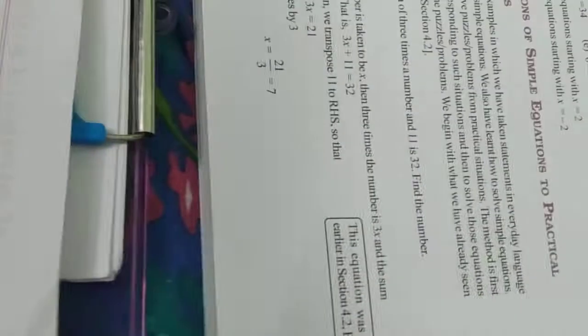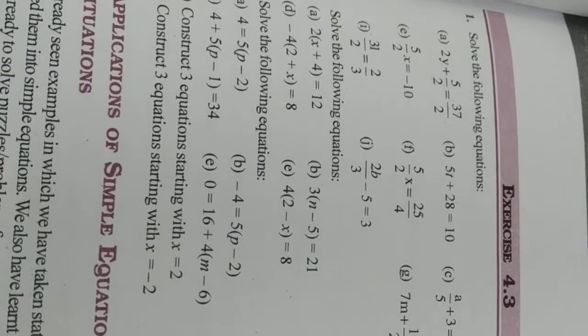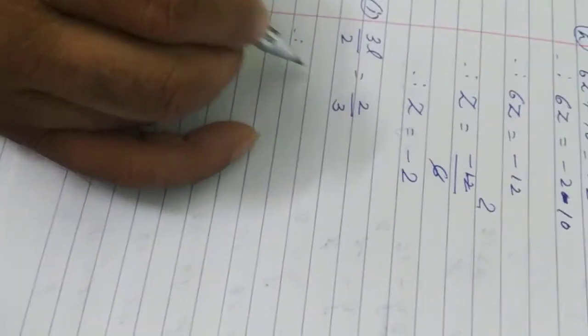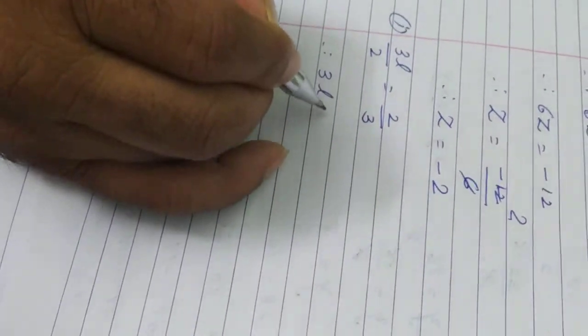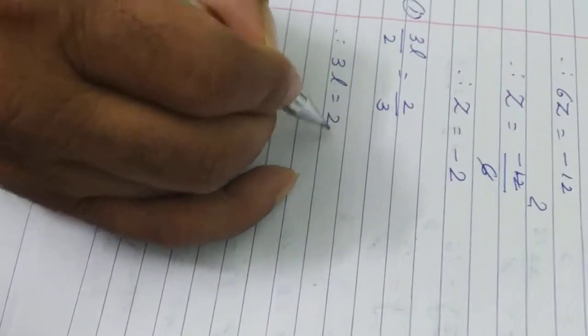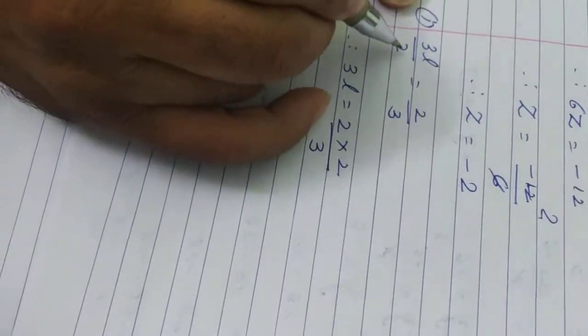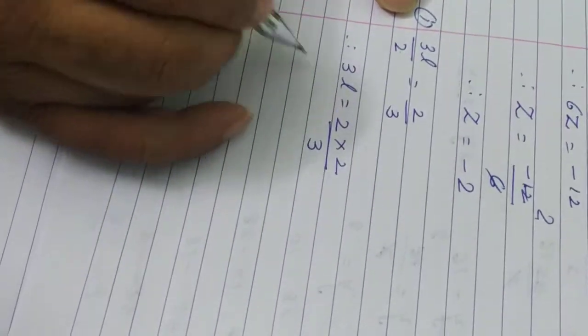Now I, 3l upon 2 is equal to 2 upon 3. Therefore, now see here, we'll do the cross multiplication. 3l is equal to 2 multiply 2 upon 3. Right? 2 multiply 2.